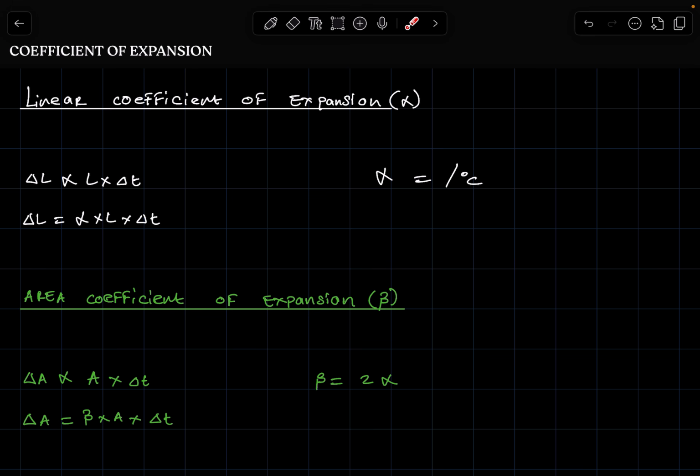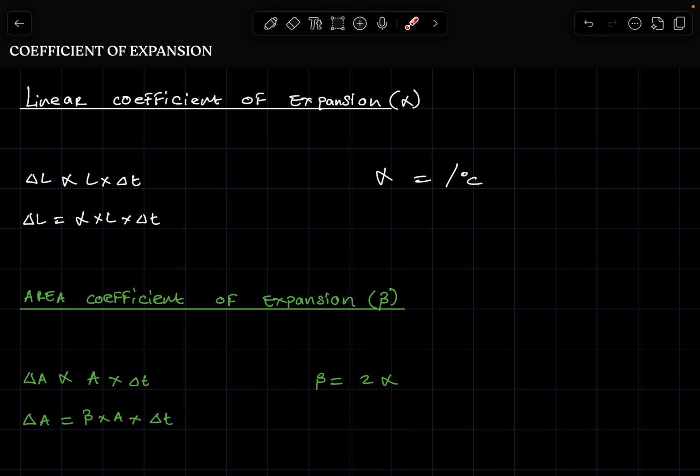Now, to get a mathematical expression out of this, we need to replace the proportionality sign with an equals sign. In order to be able to do that, we have to introduce a constant.